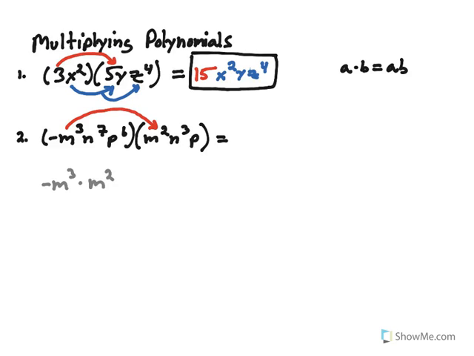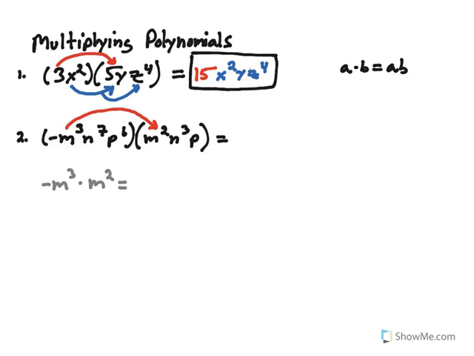So I'm just doing this one variable at a time. The rule of exponents is that when you have the base, which is m in this case, and they're identical, they both have the same variable, we go ahead and add the exponents, okay?